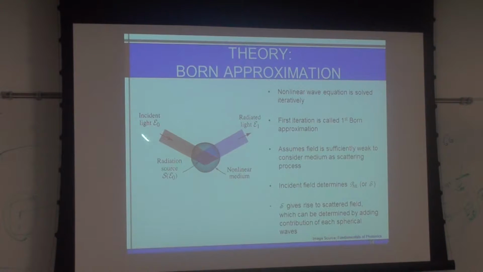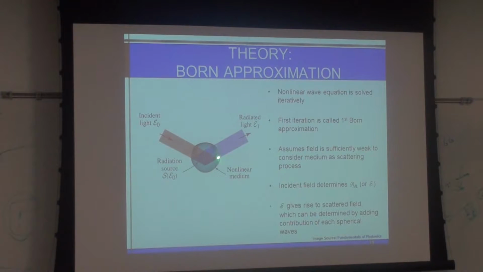So essentially you have some applied incident field. It's applied to a nonlinear medium that's over some small volume, for example. That field creates, vis-a-vis the nonlinear polarization density, a new source term, which was S of E.